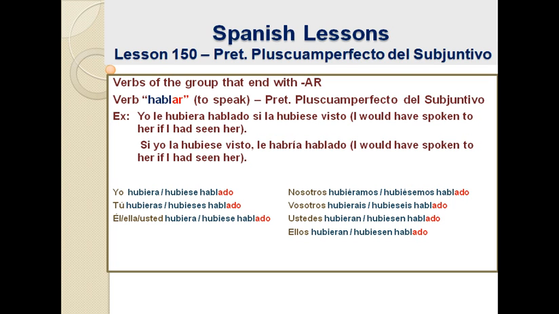And ellos hubieran hablado, or ellos hubiesen hablado. So you see, these two are the same tense. Yo hubiera hablado is pluscuamperfecto del subjuntivo, and yo hubiese hablado is also pluscuamperfecto del subjuntivo, only that each one is used in a different part of the sentence. Yo le hubiera hablado si la hubiese visto. I would have spoken to her if I had seen her.